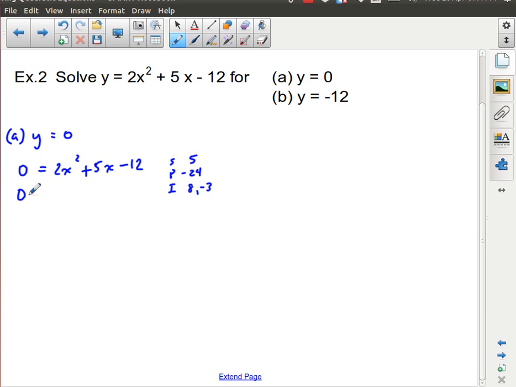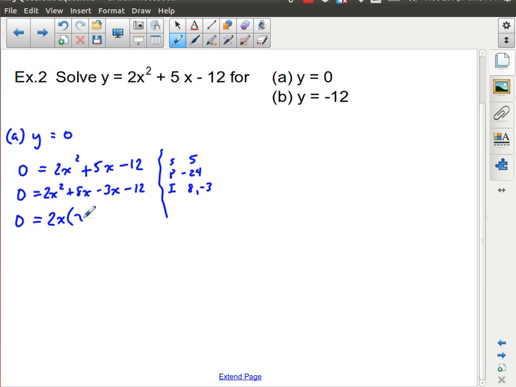So I get 0 equals 2x squared plus 5x gets broken up into plus 8x minus 3x minus 12. So we just did decomposition. Now we do factoring by grouping. Between 2 and 8, the common factor is 2. Between x squared and x, the common factor is x.